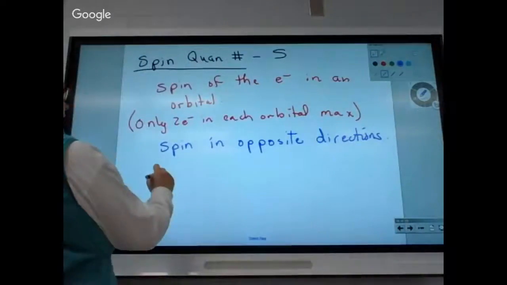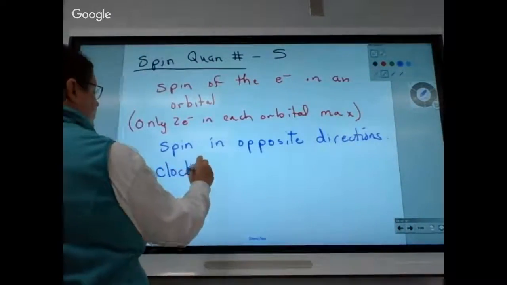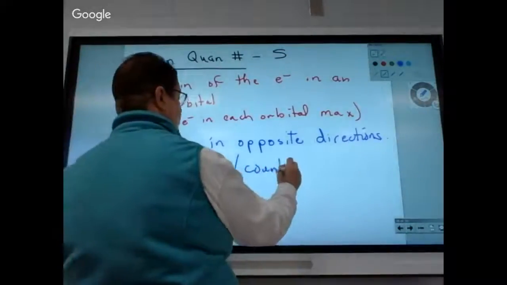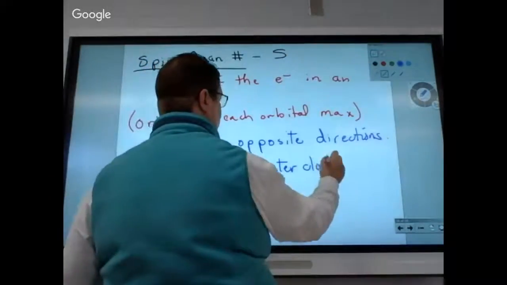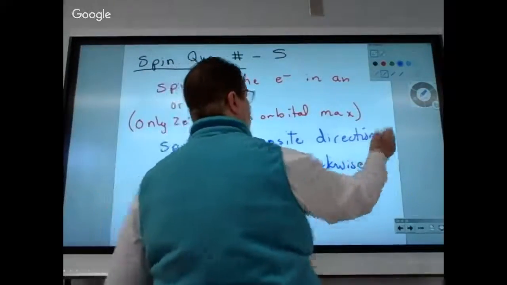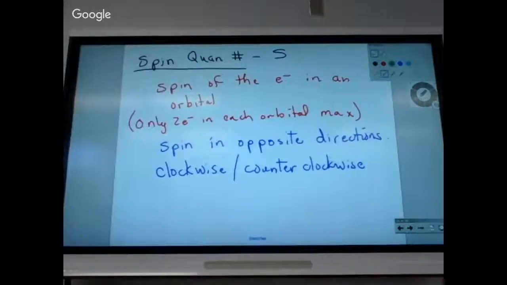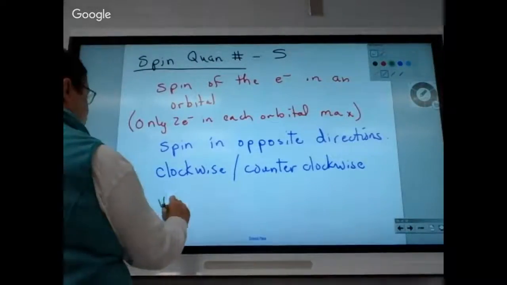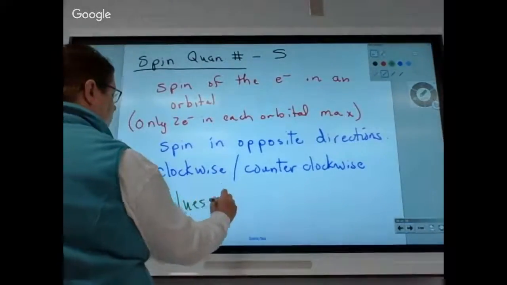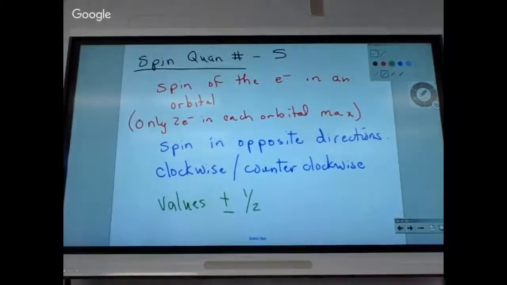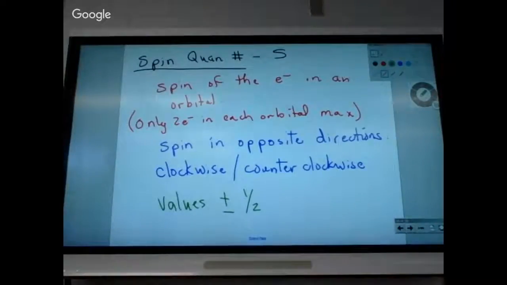We call this clockwise and counterclockwise. And to illustrate clockwise and counterclockwise, we use values of positive and negative 1/2.